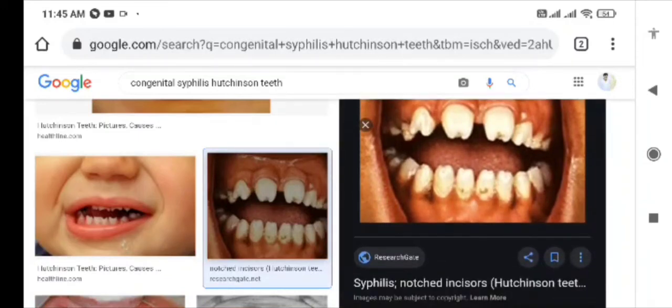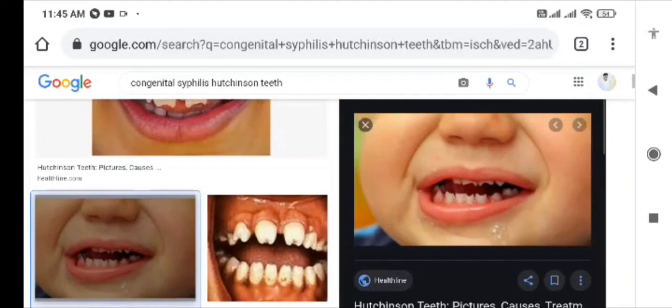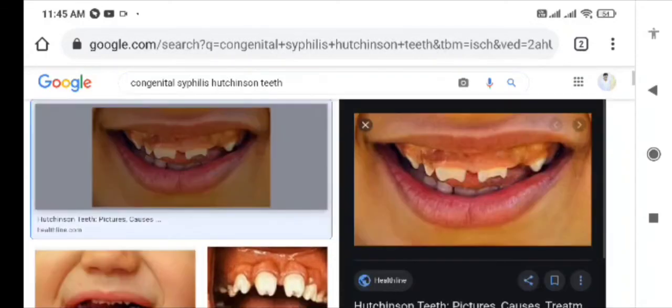So you get notched incisors. So in syphilis you get Hutchinson teeth, which is notched incisors. Can you see this teeth? This teeth is widely spaced and has a notch in the middle. That is Hutchinson teeth.